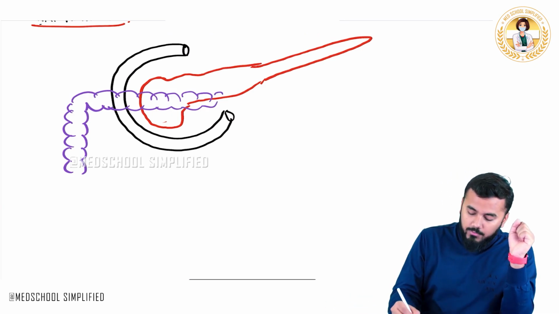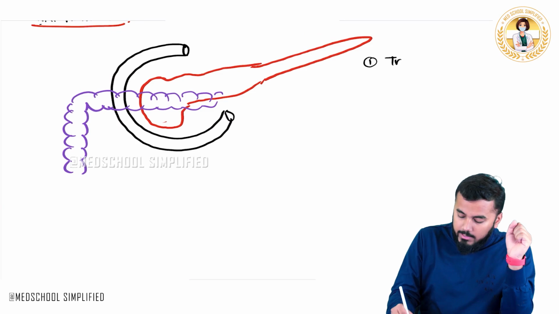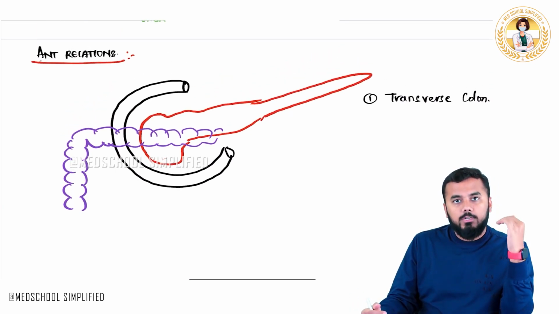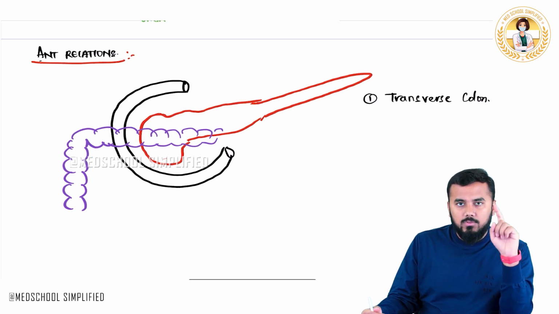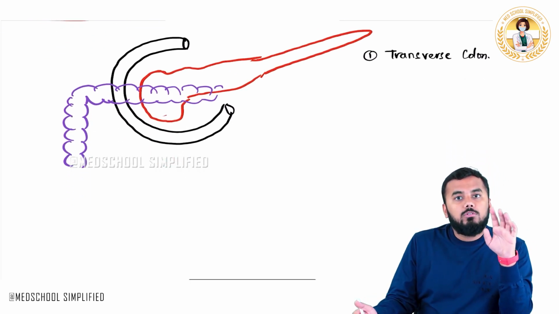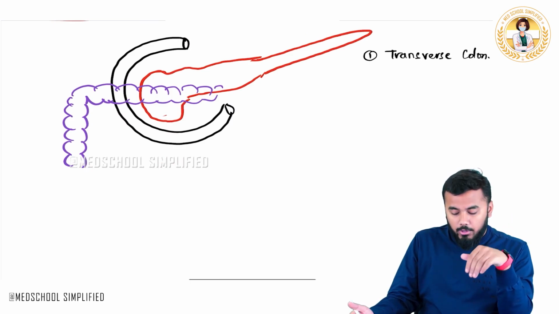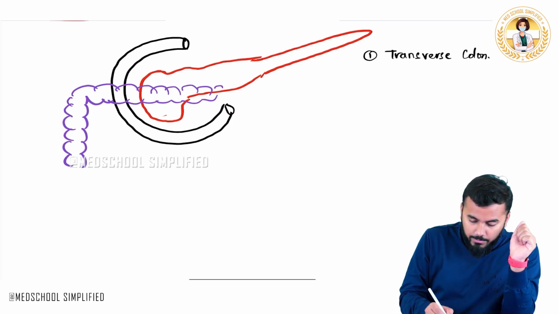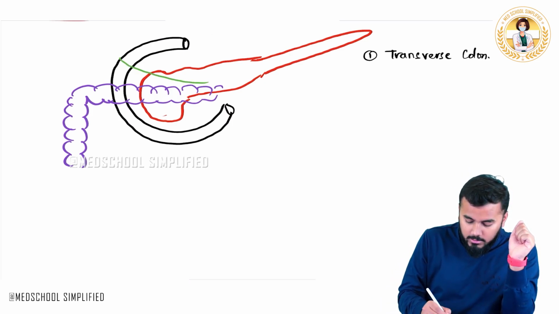So can I mention the first important thing: one of the anterior relations of the pancreas is the transverse colon. It is passing in front of the pancreas. Second, along with the transverse colon, there is also some peritoneum, the peritoneum of the transverse colon, which is triangular.